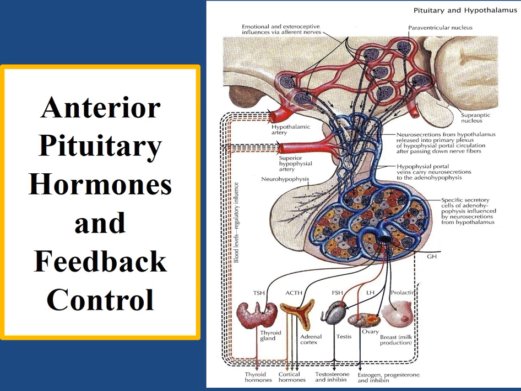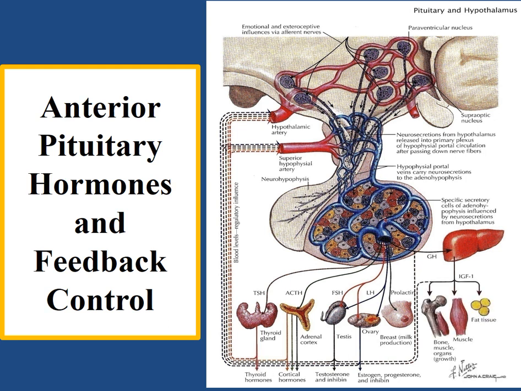And prolactin stimulates milk production. Growth hormone, which is produced by the adenohypophysis, stimulates the liver to synthesize and produce IGF-1, insulin-like growth factor 1. And IGF-1 acts on bone tissue, muscle tissue, and fat tissue.